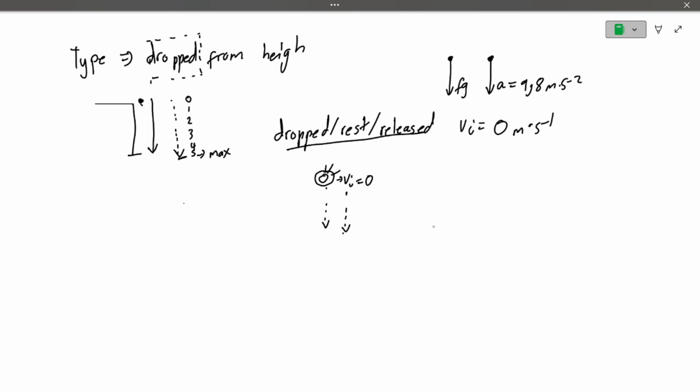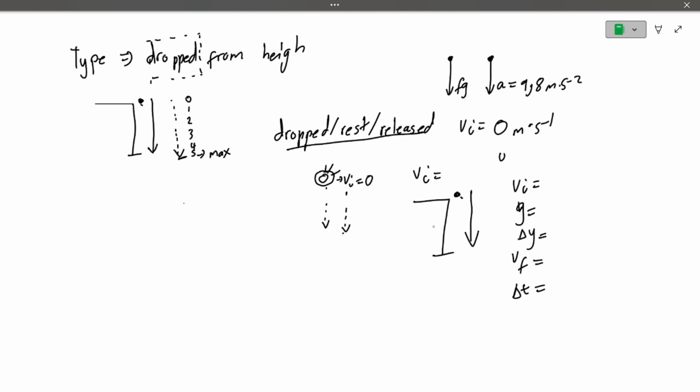You have to be able to name your variables in this scenario of when you drop an object. Your variables are vi, g, change in y, v final, and change in time. The first thing you do before naming variables is to choose direction.